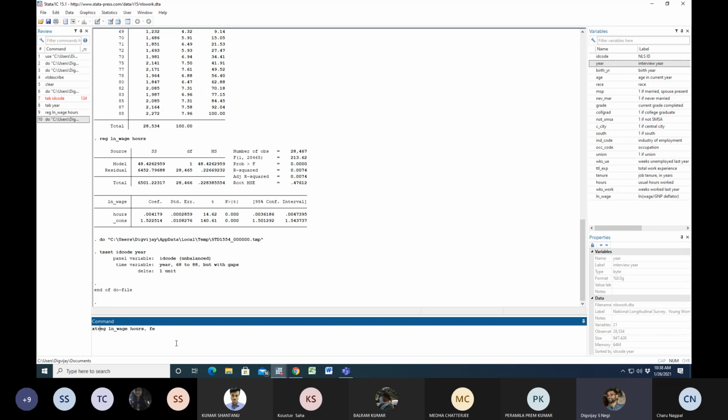So xtreg, your y variable, the treatment that you're interested in, and then after a comma we write fe. So fe says to estimate a fixed effects model. If you change fe to re, then it's going to estimate a random effects model. If you type fe, it estimates a fixed effects model.